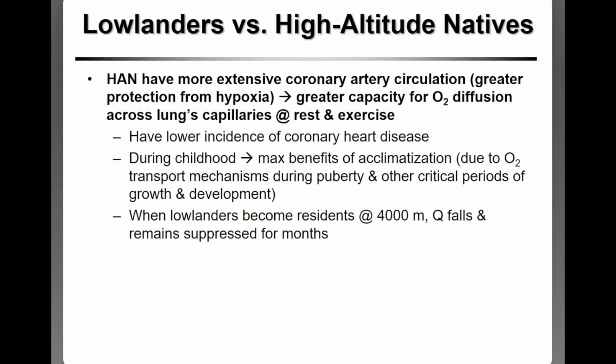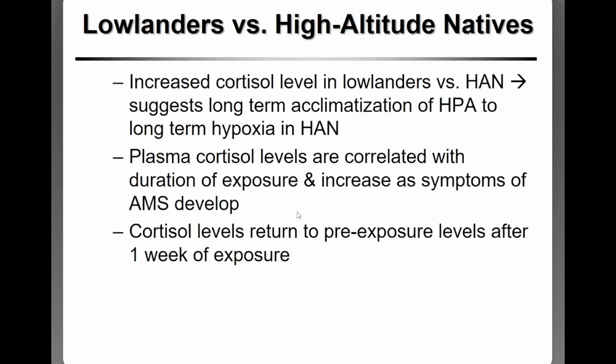So when lowlanders become residents at 4,000 meters altitude, their cardiac output falls and remains suppressed for months. And this is a stressful event for lowlanders as they reside at altitude. So, of course, it's going to stimulate the HPA axis, which is one of our stress response axes.